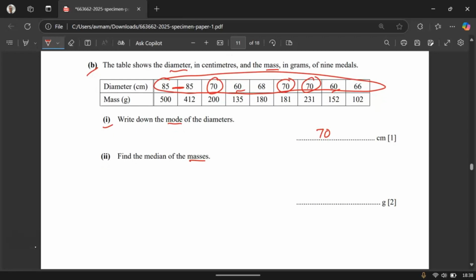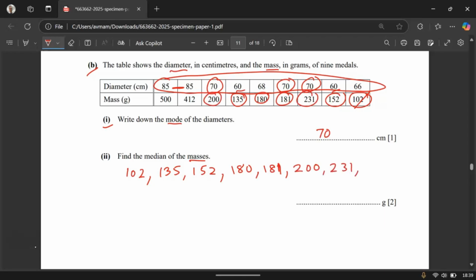The median of the masses. Let us put all the masses in order, because to find the median first we need to put them in order. The smallest one is 102, followed by 135, 152, and then we have 180, 181, then we have 200, 231, then we have 412, and then we have 500.